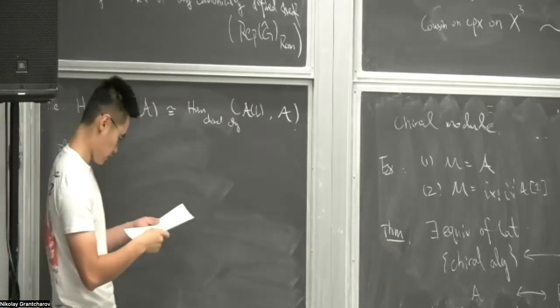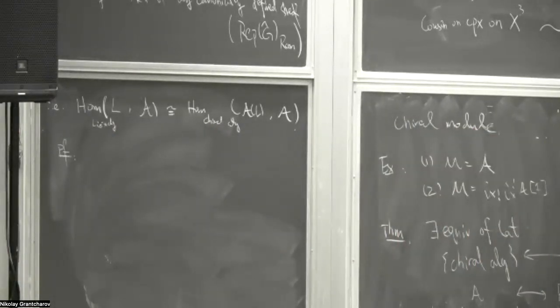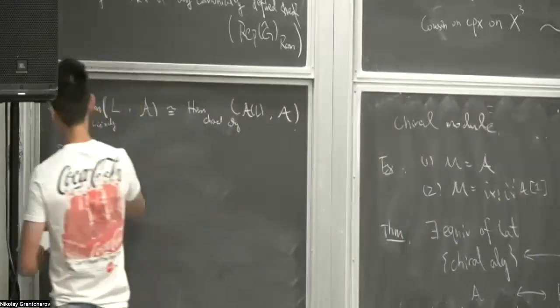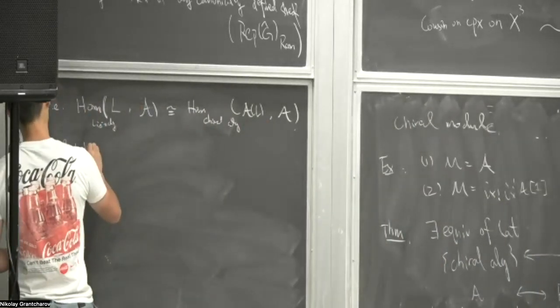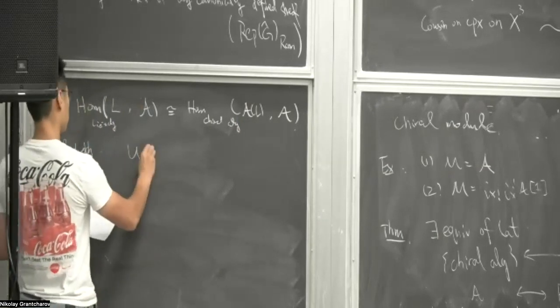Okay. First, we will construct such a functor. We're going back to the sort of induction. Okay, so that's a good sketch. I'll just tell you what the functor is.